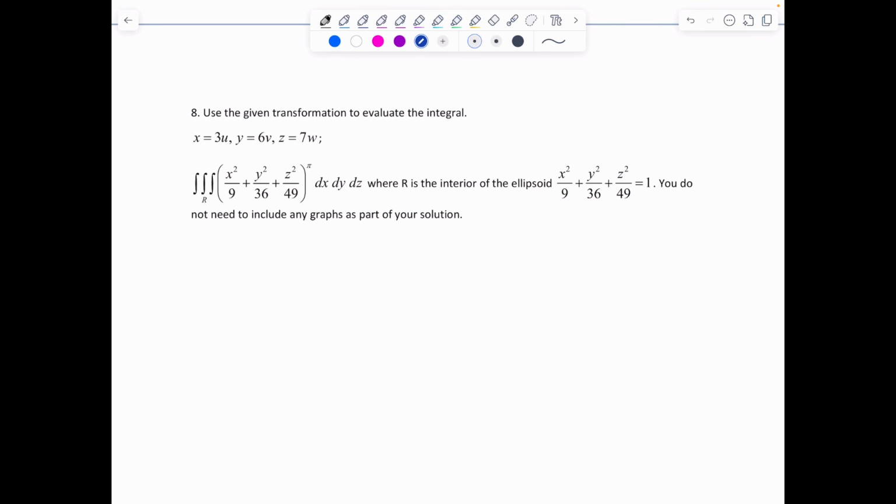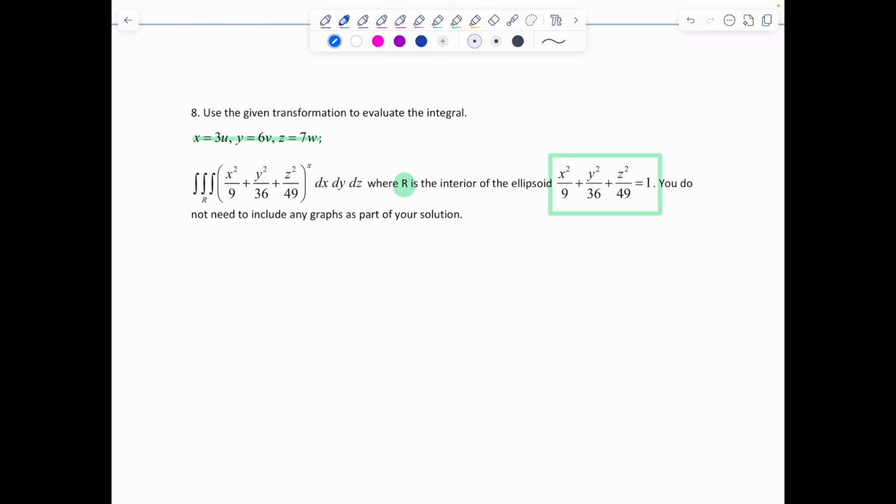So let's apply the transformation and rewrite everything in terms of u, v, and w. If I apply the transformation to the boundary of R, I just need to figure out what the ellipsoid's equation is going to become in u, v, w space.